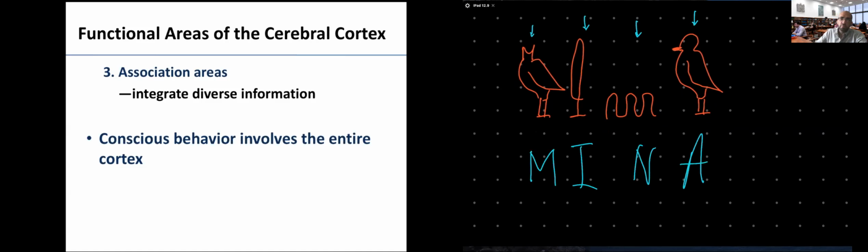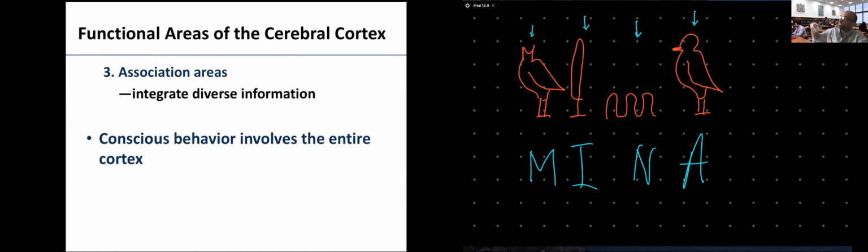So next time, when you see an owl, a leaf, water, a bird, you know that this is an M, this is an I, this is an N, this is an A. So now you've learned, you stored this in your memory.